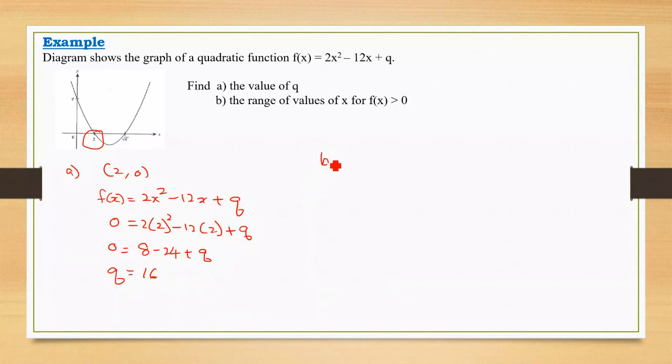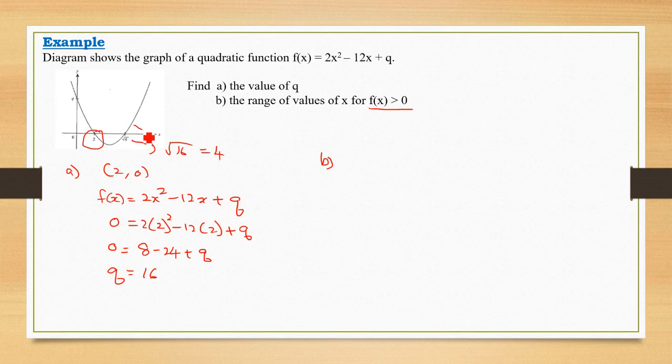Now part B. Since you already know what q is, the square root of q is the square root of 16. So it means the coordinate here that intercepts the x-axis again will be at 4. So you already know 2 and 4. Now they ask you to find the range of values for f(x) greater than 0. Inequalities. f(x) greater than 0 means above your x-axis.